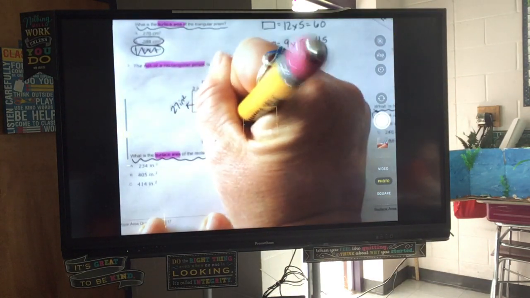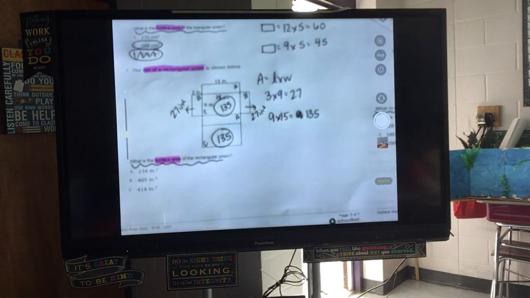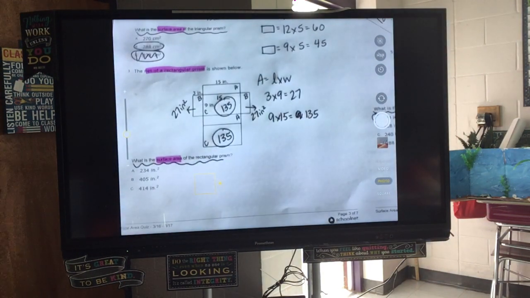So this one is 135. We agree? Do we need to do the extra math? No. Saving that time. All right, and then the last box is one of the smaller ones.